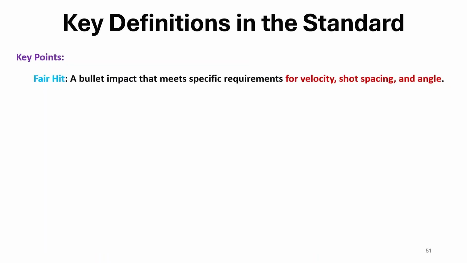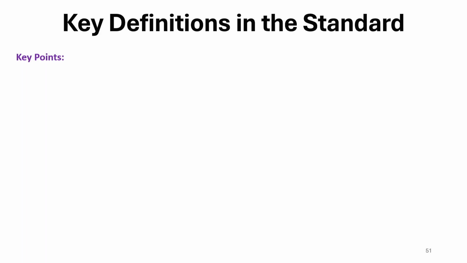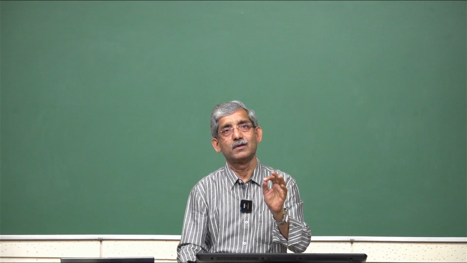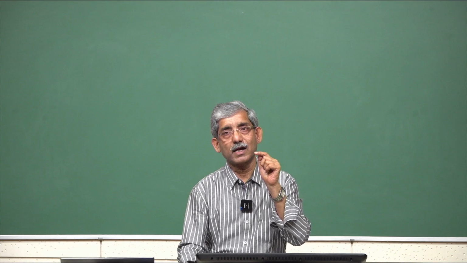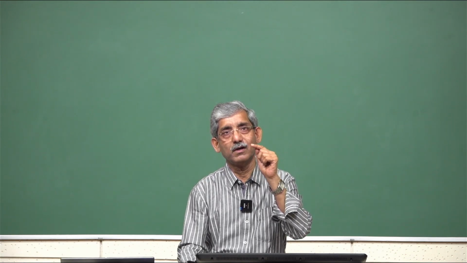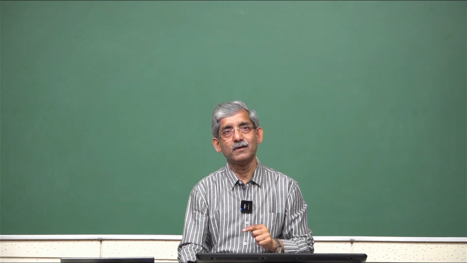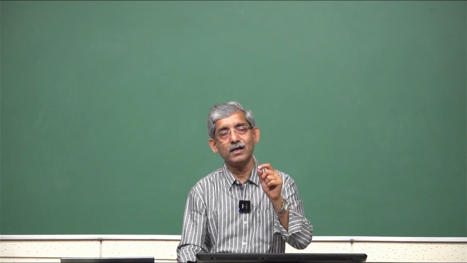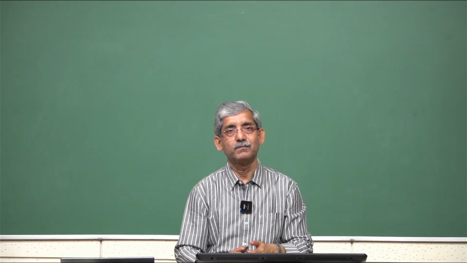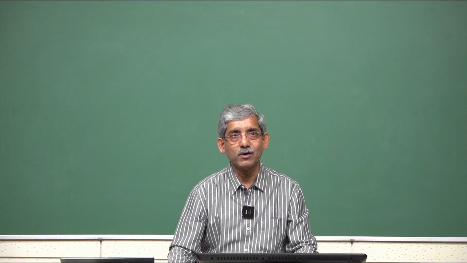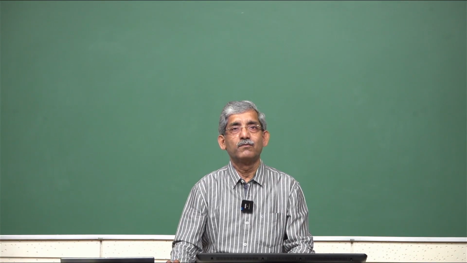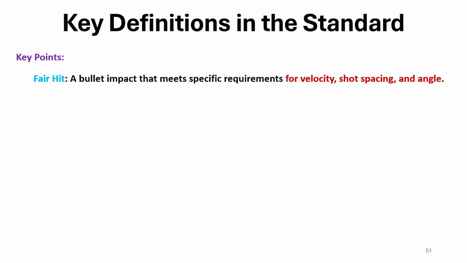Now, the main key points for testing. For any standard we have to follow some key points, key definitions. These are key points that we have to follow before we do any experiment. So, we should clearly follow this terminology. First is the fair hit.